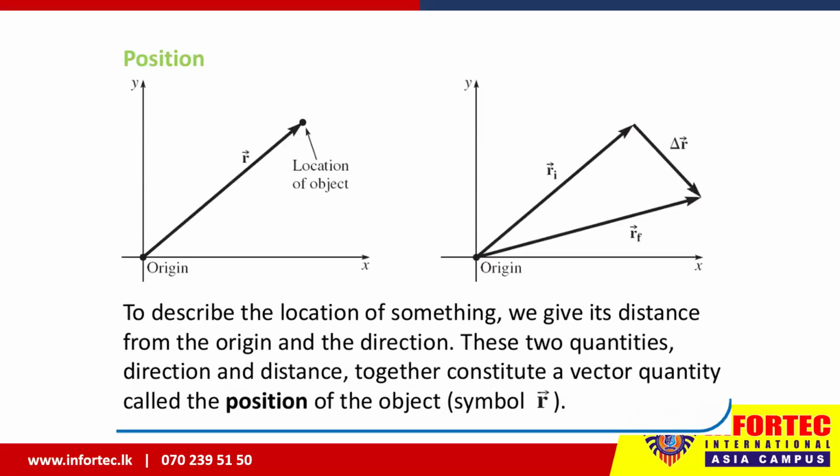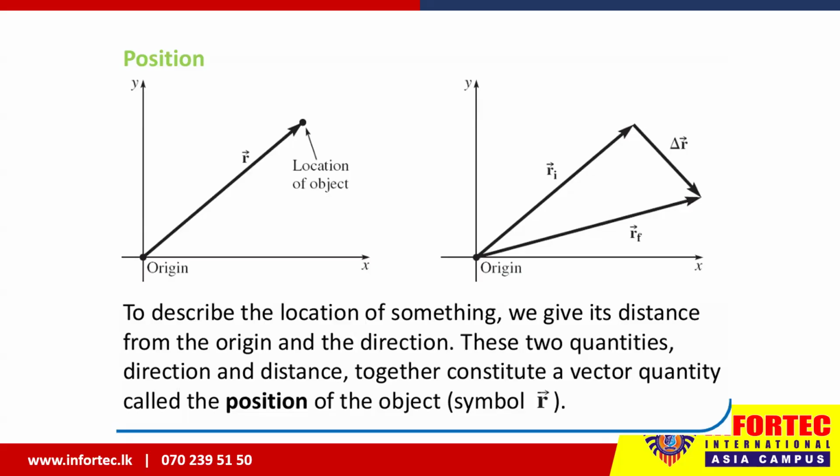Important words we have to describe in mechanics: position, displacement, velocity, and acceleration. These are very important when we study Newton's law. In Newton's law, acceleration is very important, and also position and displacement, right?